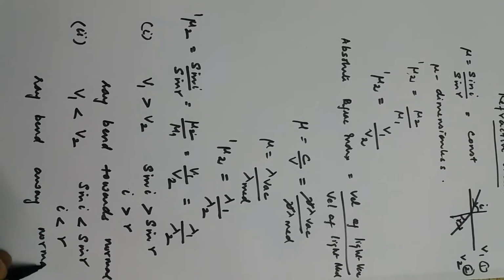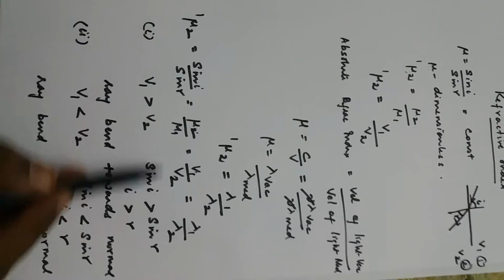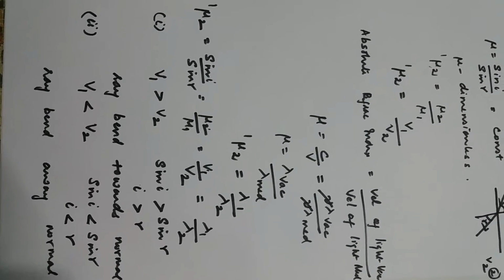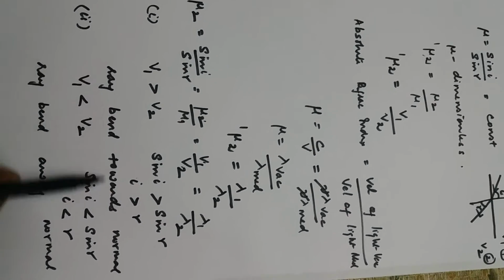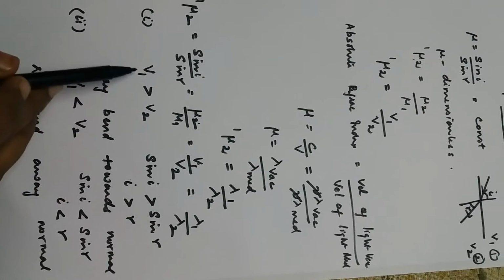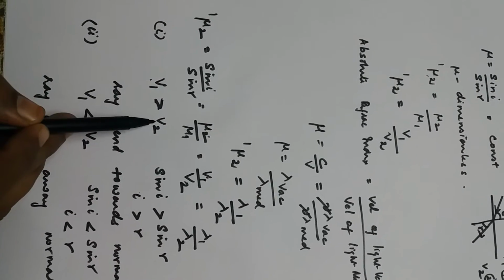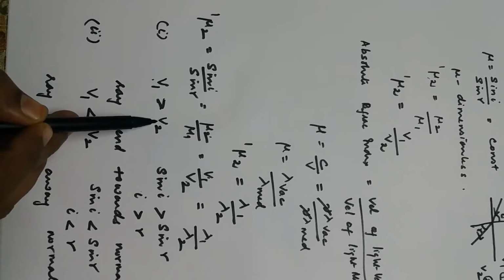So if you say that the ray bends towards the normal, you can draw the conclusion that the velocity of light in the first medium is greater than the velocity of light in the second medium.